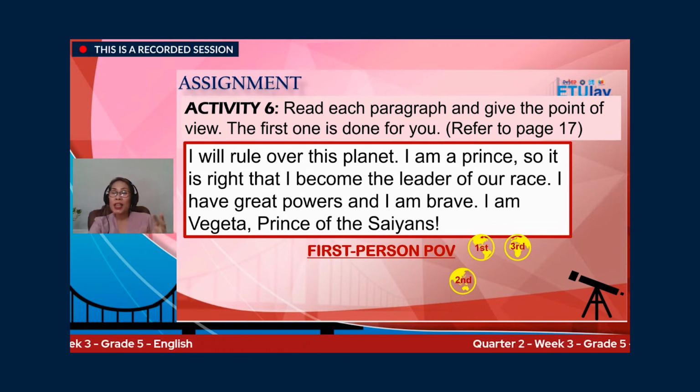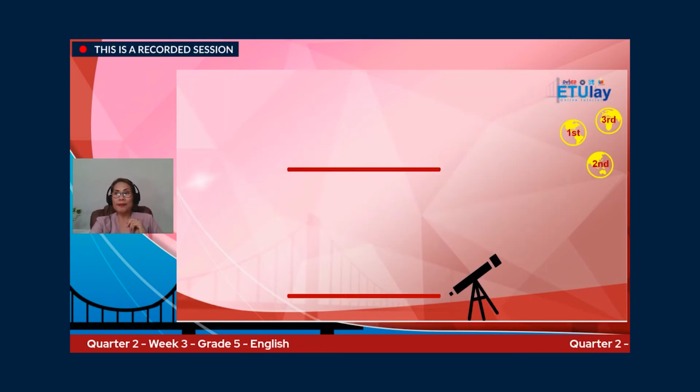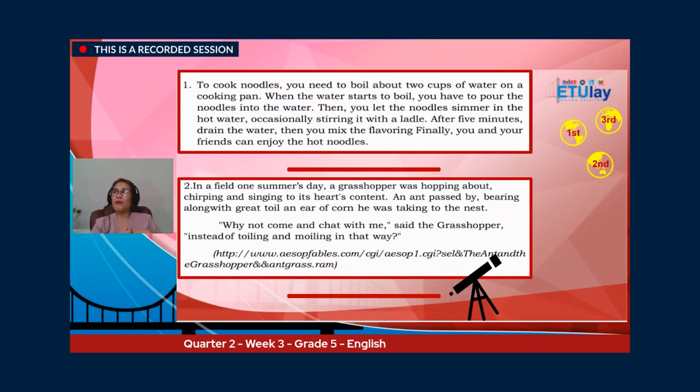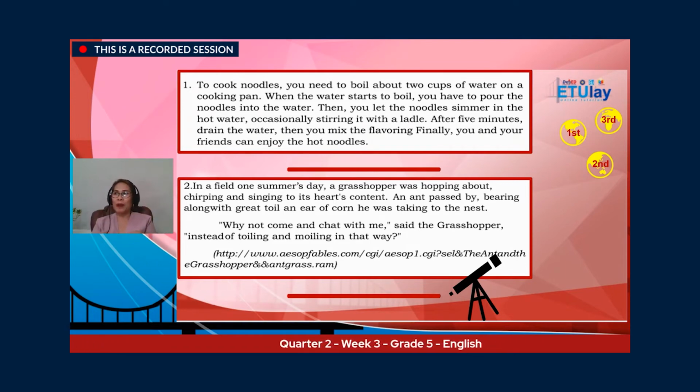Now let me try to present to you the paragraphs that you are going to answer as your assignment. The first one is here. Let me read it to you. To cook noodles, you need to boil about 2 cups of water on a cooking pan. When the water starts to boil, you have to pour the noodles into the water.